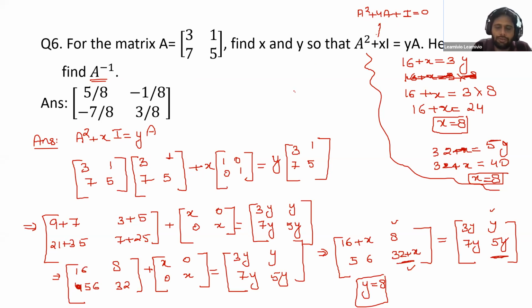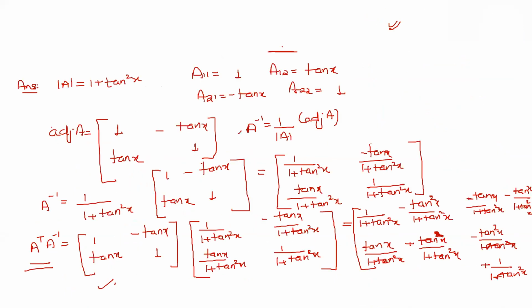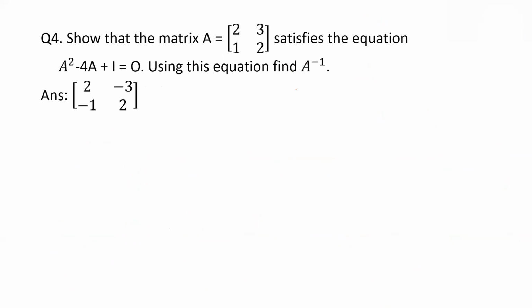Abdul, can I change the slide? Yes, sir. Okay, thank you. So Umair, you're talking about the first part or the second one? First one. Okay, we need to solve this.